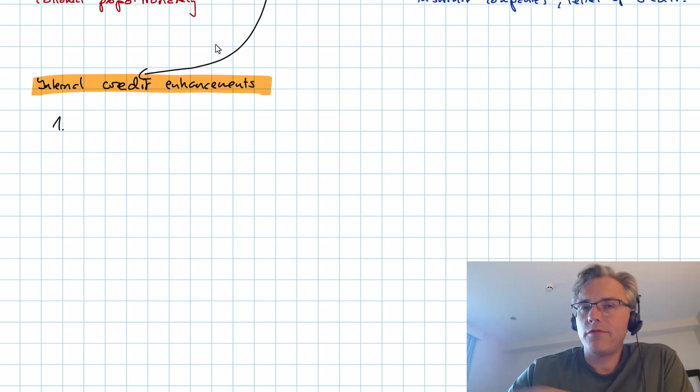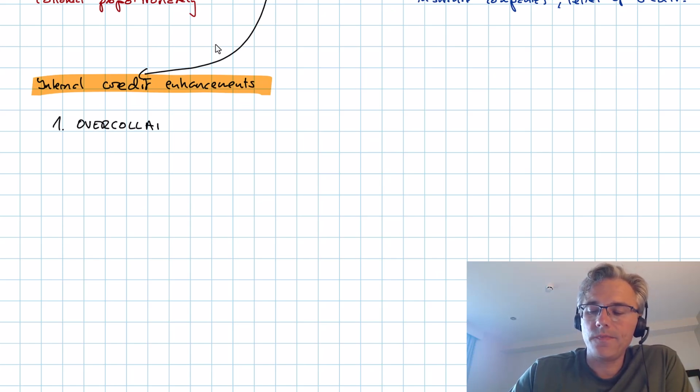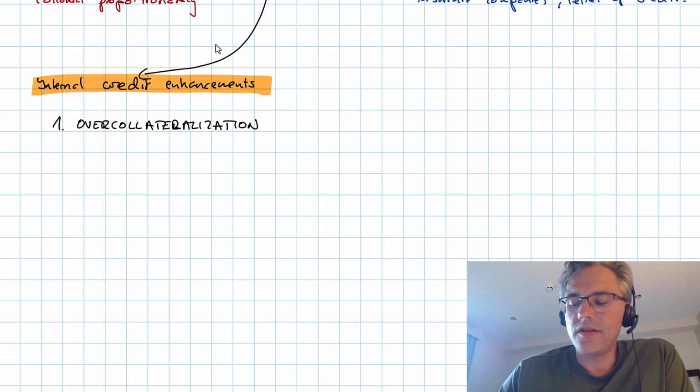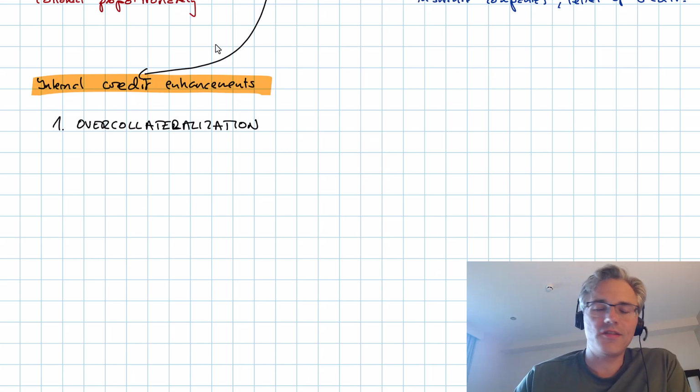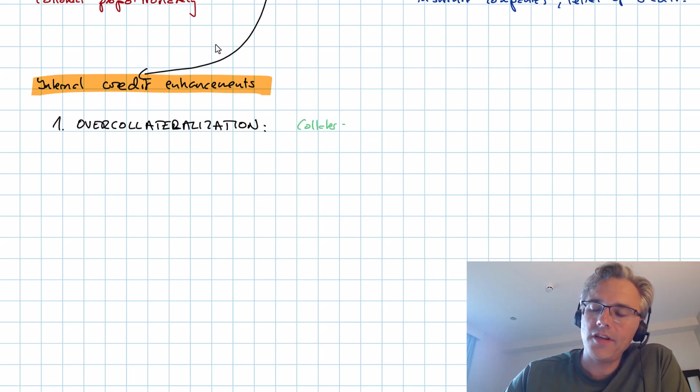One we've already seen when we discussed covered bonds is the notion of overcollateralization. Overcollateralization, one of the longest words in finance. I guess securitization is another one, but overcollateralization is definitely longer.